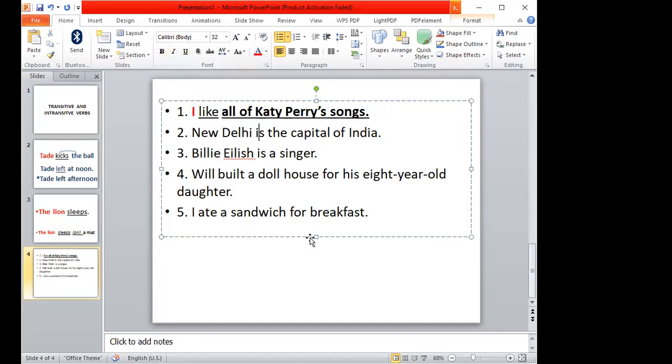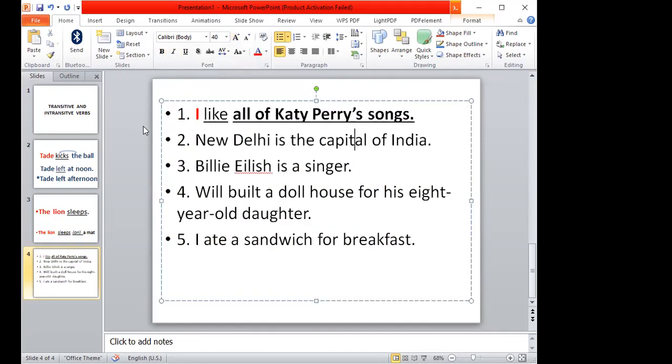Now, if I want to analyze this sentence, the verb that I have here is a transitive verb. Why? Because it has a direct connection with my object. For you to know that I want to identify this verb as a transitive verb, I can remove some of this. If I delete this, the meaning of that sentence is still in a way retained.